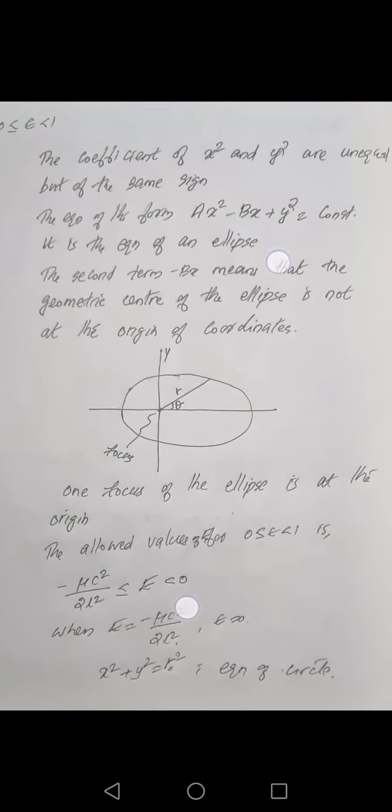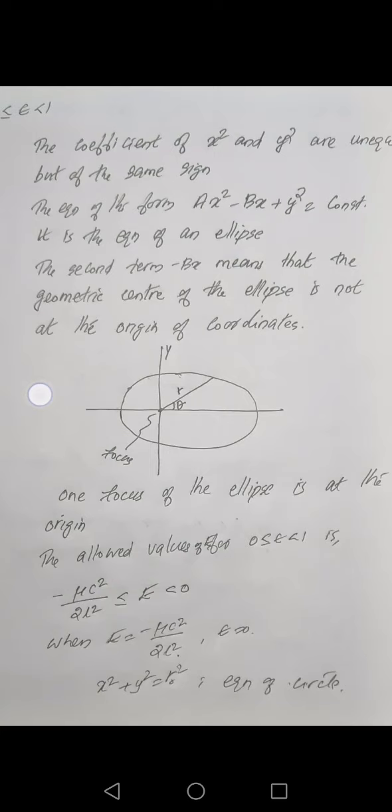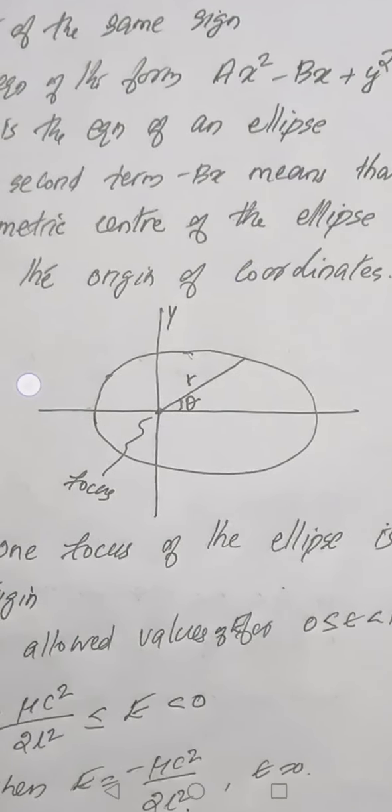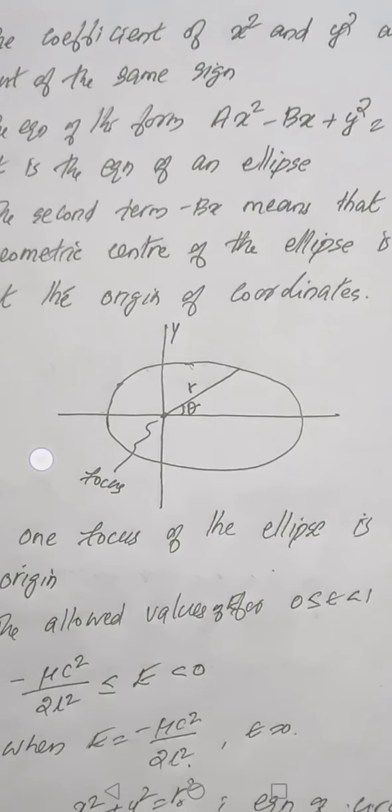That happens because the geometric center of the ellipse and the center of your coordinates will not be the same. I repeat, your center means the origin of your coordinates, and the geometrical center of the ellipse will not be the same. Here one of the foci is taken as the origin of your coordinates, so the geometric center will be somewhere here.